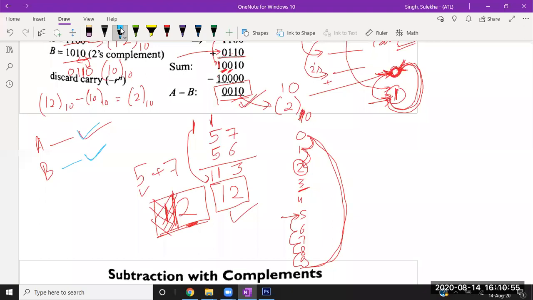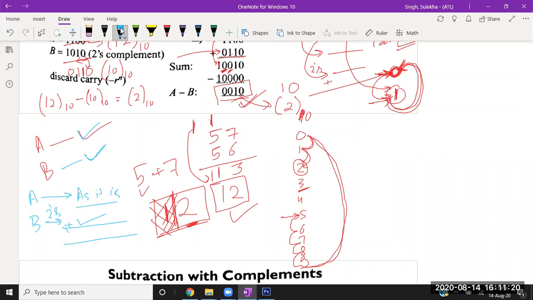If you don't know which one is larger and smaller, you take A as it is, you need to convert B into 2's complement, and you need to add A with the 2's complement of B.